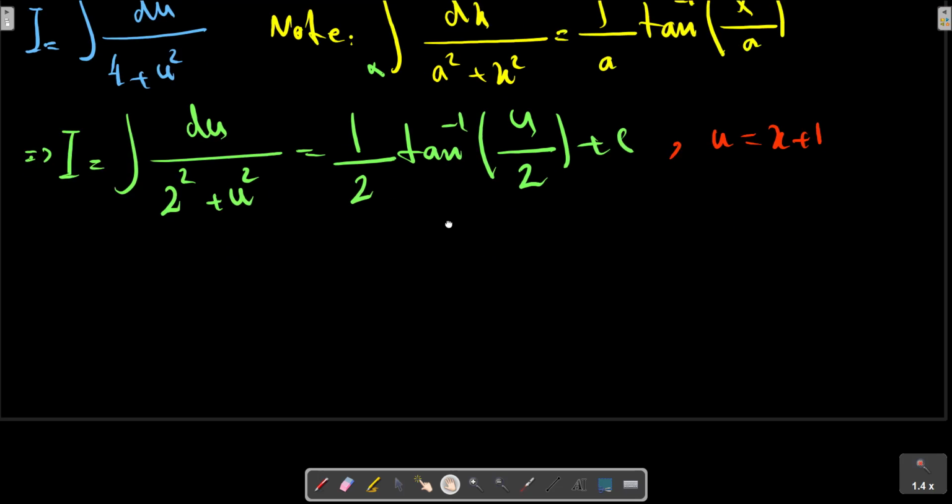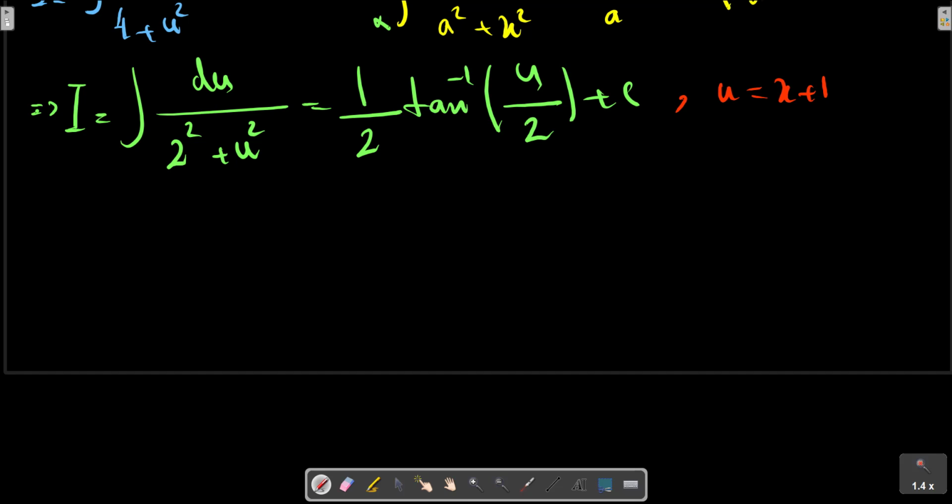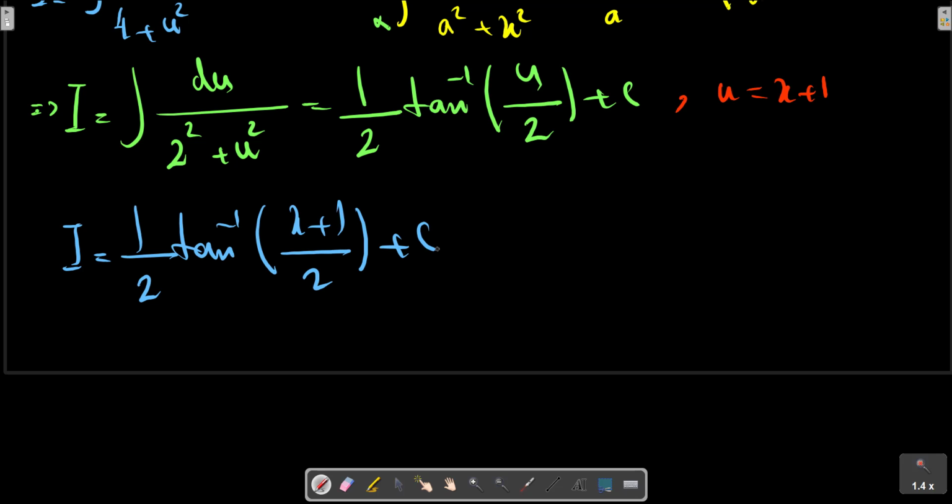The final result for the integration is 1 on 2 tangent inverse x plus 1 on 2 plus c.